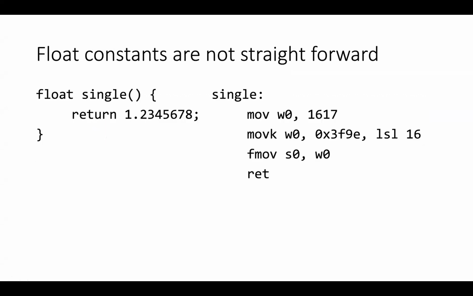Now floating point constants are not straightforward like they are on the left. Because think about it, all ARM instructions are 32 bits long. So how do you deal with a constant double precision number? The double precision number by itself is 64 bits long.